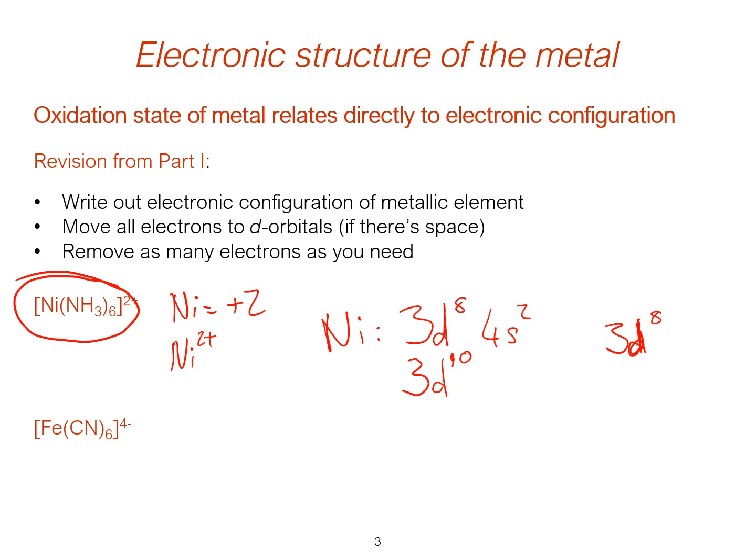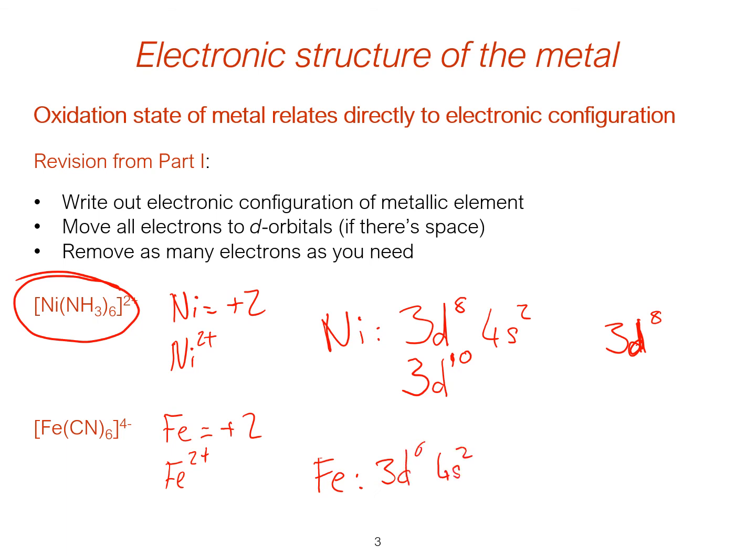So let's do it one more time with the iron example from the iron cyanide complex ion. So we said that the oxidation state of iron in this case was again +2, so the cation is iron 2+, and then we do exactly the same thing. So the electronic configuration of iron is 3d6 4s2.